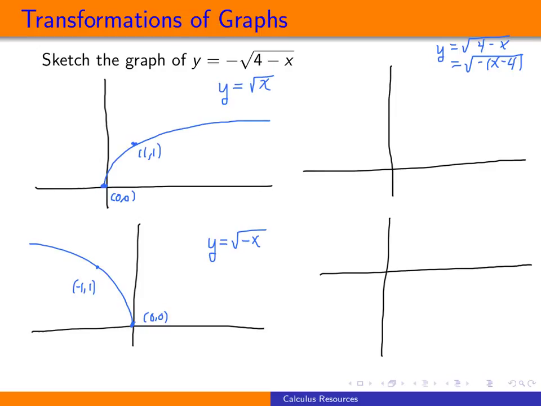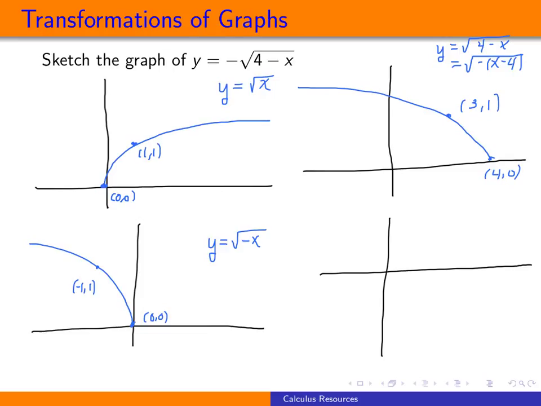So that's telling me I need to take the graph of the square root of minus x and shift it 4 units to the right. So roughly speaking, something along these lines. The point that was at 0, 0 is now at 4, 0, and the point that was at minus 1, 1 is now at 3, 1.